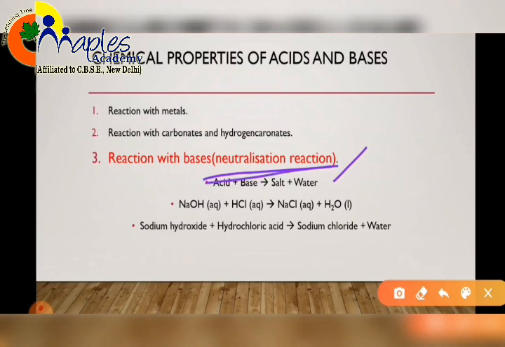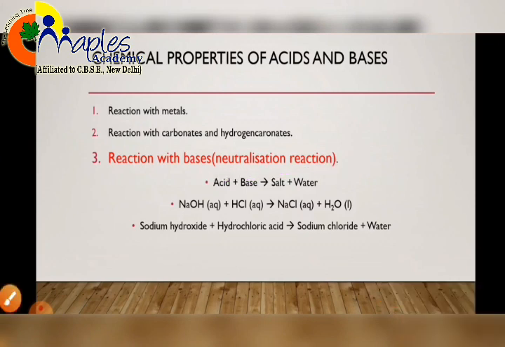The kinds of salts formed will be discussed later in this chapter. So the third reaction is that acids react with bases, and bases react with acids, to form the corresponding salt plus water. The example is already given: sodium hydroxide is the base, HCl is the acid, NaCl is the salt, and H2O is the water.